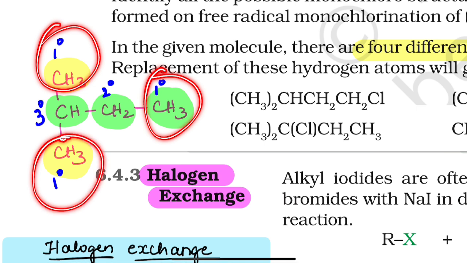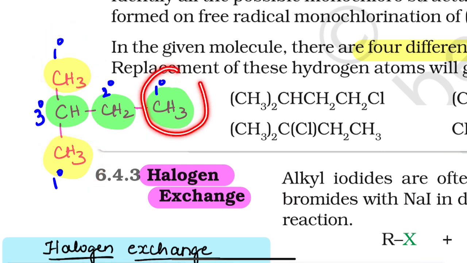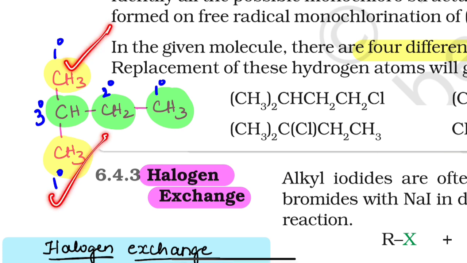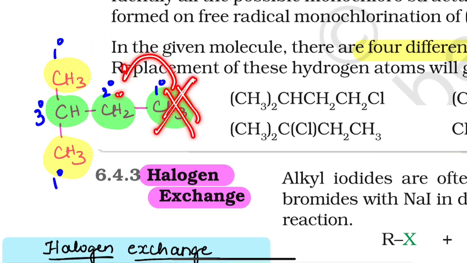So whether they are one and the same or different, we have to check. So see here, this primary carbon is attached to secondary carbon, whereas this primary carbon is attached to tertiary carbon, and this primary carbon is also attached to tertiary carbon. So these two are same. This is different because this is attached to secondary carbon.